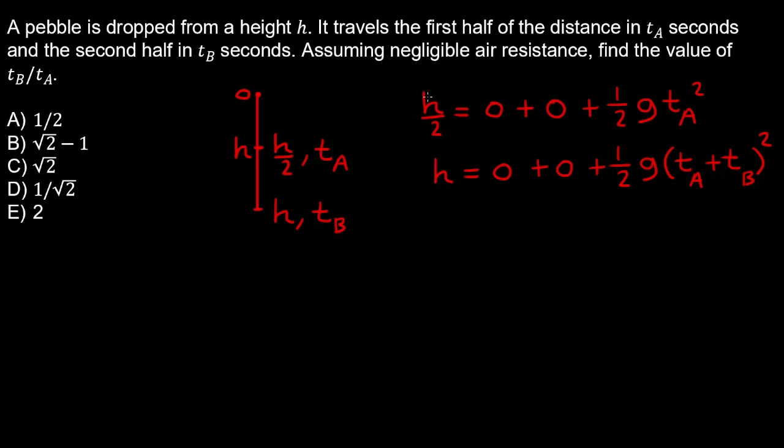So if we divide these two equations, we get 2 on the left hand side, and 1/2 g cancels, so we end up with ta plus tb all squared on ta squared.